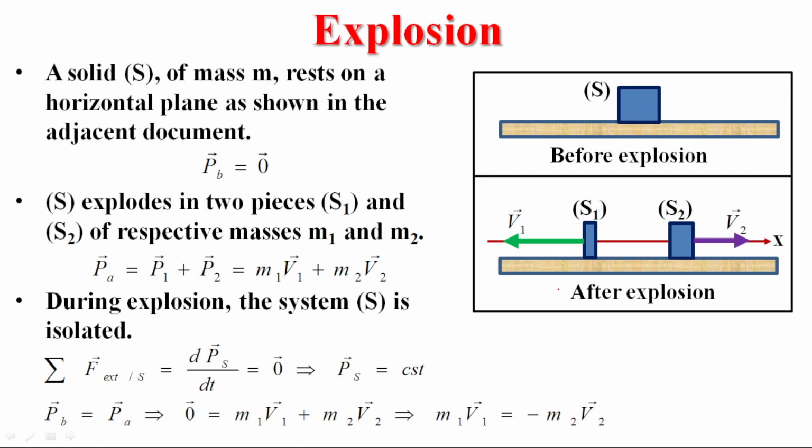After explosion, it explodes into 2 pieces, P1 plus P2, therefore M1 V1 plus M2 V2, therefore M1 V1 equals minus M2 V2. This minus sign indicates that these 2 pieces will travel in opposite directions.